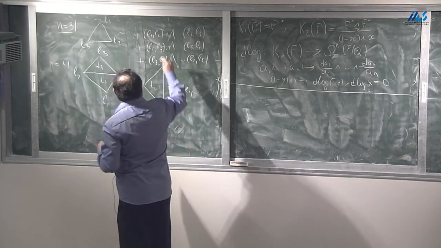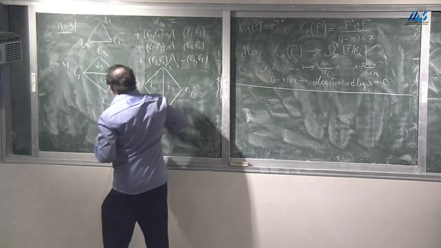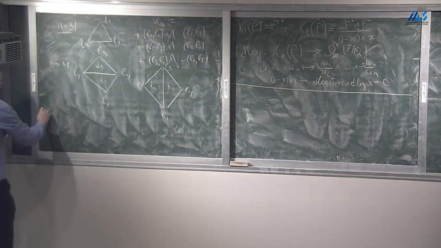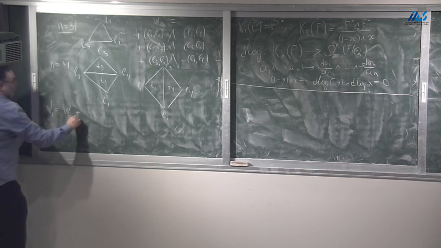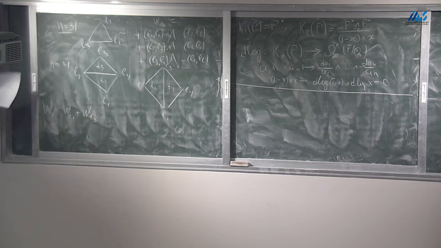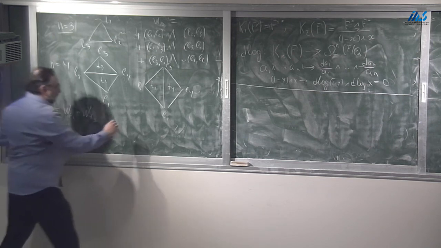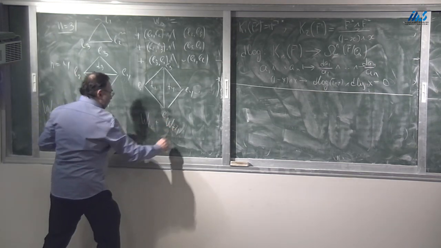If W is the element related to my triangle, then I can write that W is just W of the first triangle plus W of the second triangle, which is T3. Or I can write W of T2 plus W of T4.